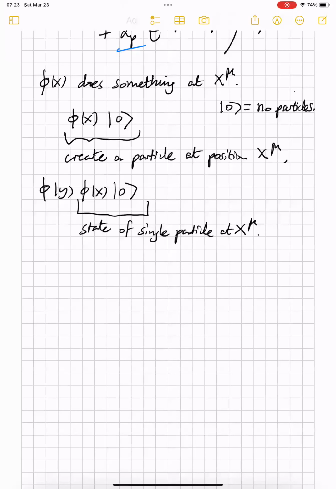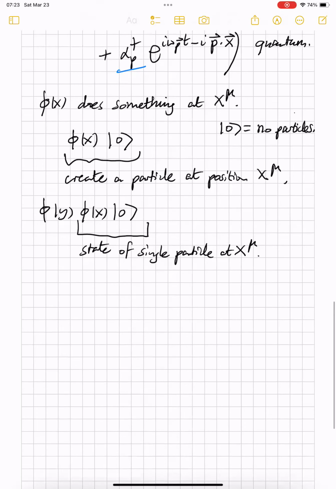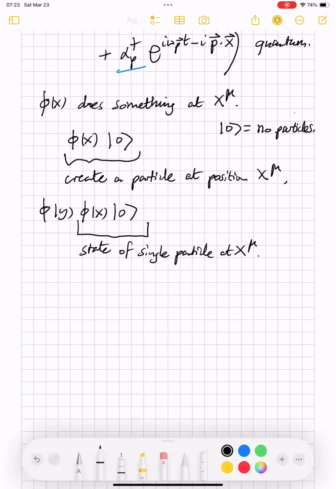Okay, so we had agreed that phi of x acting on the vacuum is equal to a one particle state. So when we act with phi of y on phi of x, well, what could phi of y do? There's two things it could do.